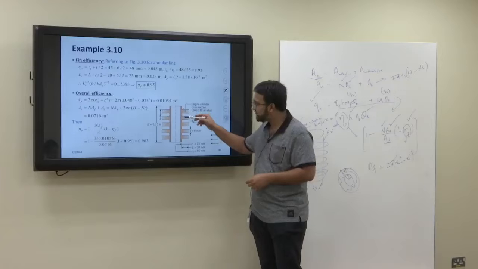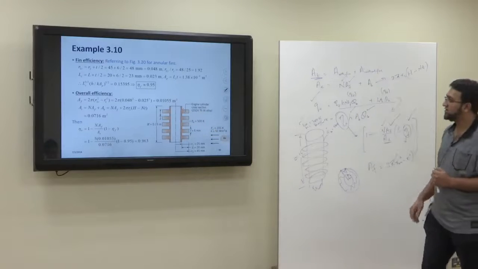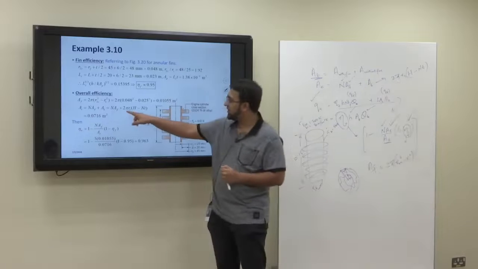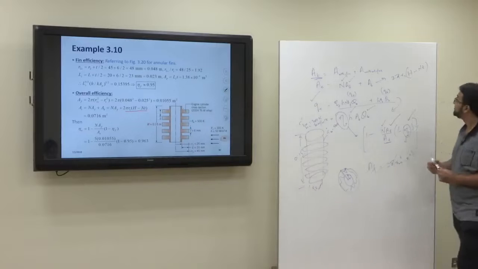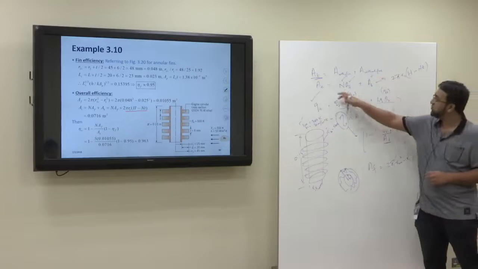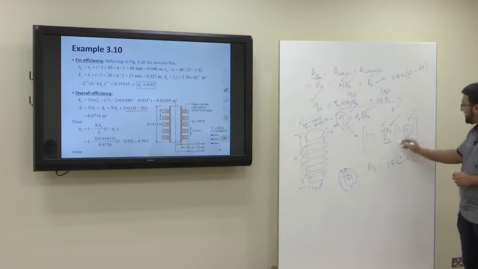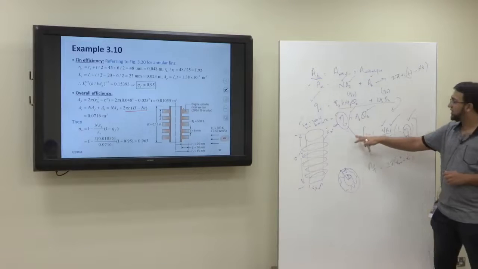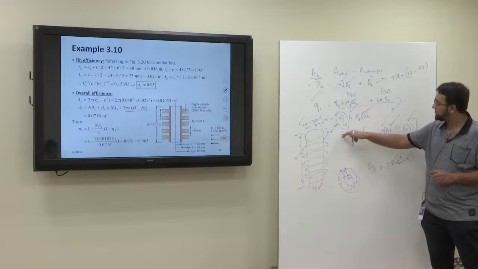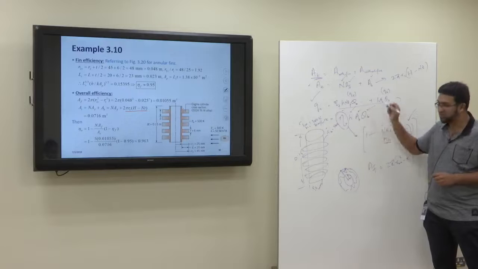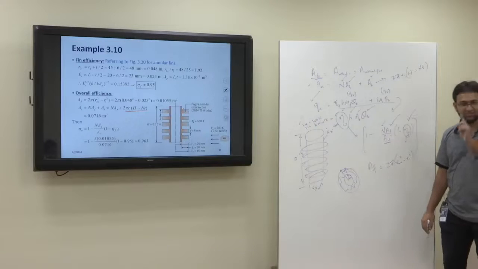You have 5 thicknesses of the fin to remove from here. So it's 2 pi r1 times (h minus n t). Now you know what the total area is. Once you know the total area, you substitute here and find the fin efficiency. Once you know the fin efficiency and the total area, you will find the heat transfer with fins.